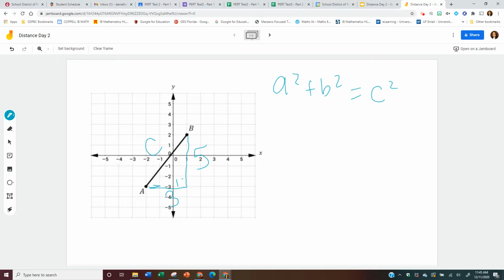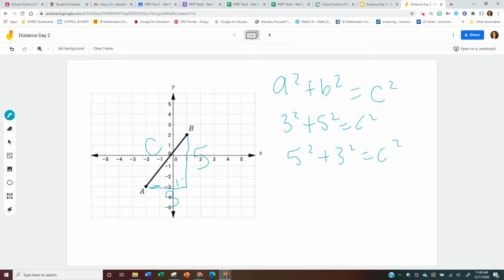Okay, so when we're using this formula, it doesn't matter which one's a 3 or which one's a 5. I could do this like 3 squared plus 5 squared equals C squared, or I could do this 5 squared plus 3 squared equals C squared. It doesn't matter which one because I'm going to get the same exact thing.